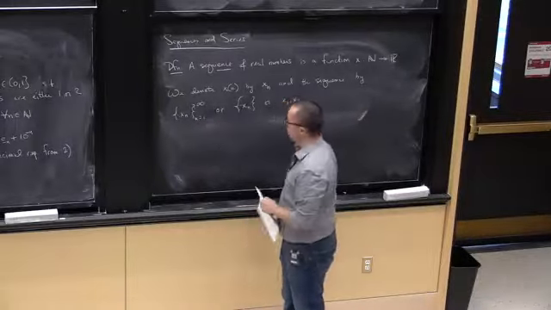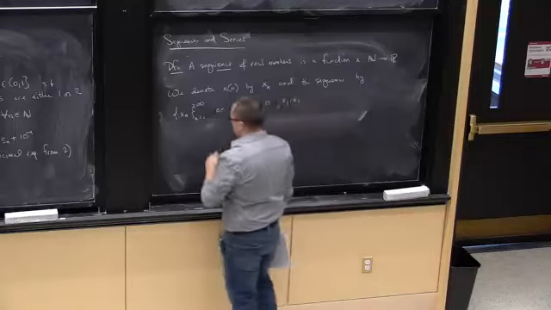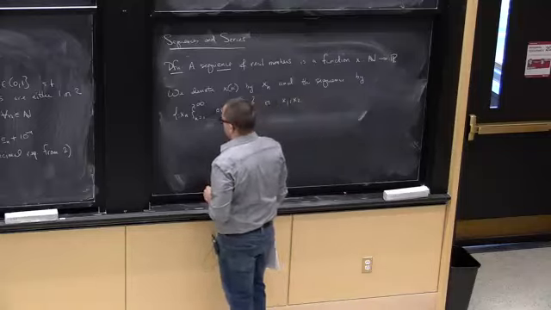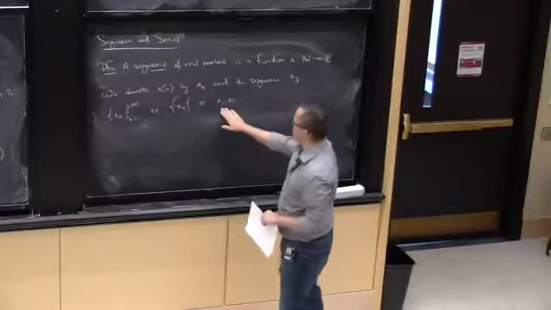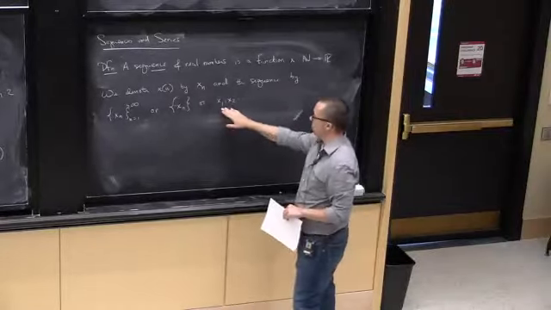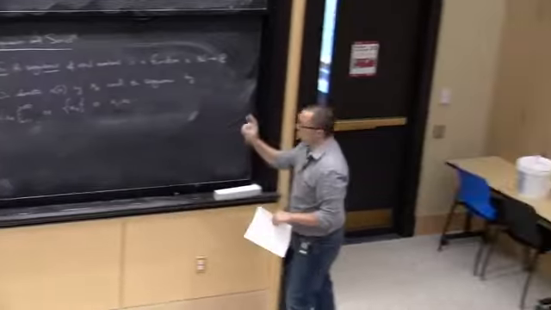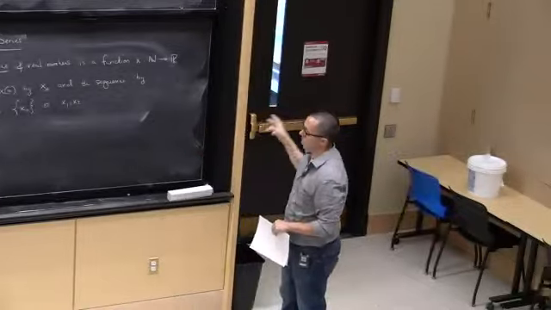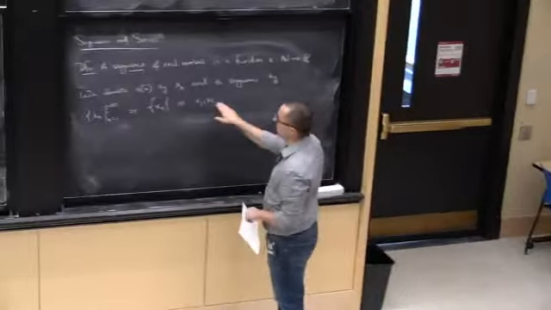A sequence is not a set. Think of a sequence, even though it's defined as a function, as just an infinite listing of elements of R. One element, the first element, the second element, the third element, and so on, okay? And they don't have to be different, okay?